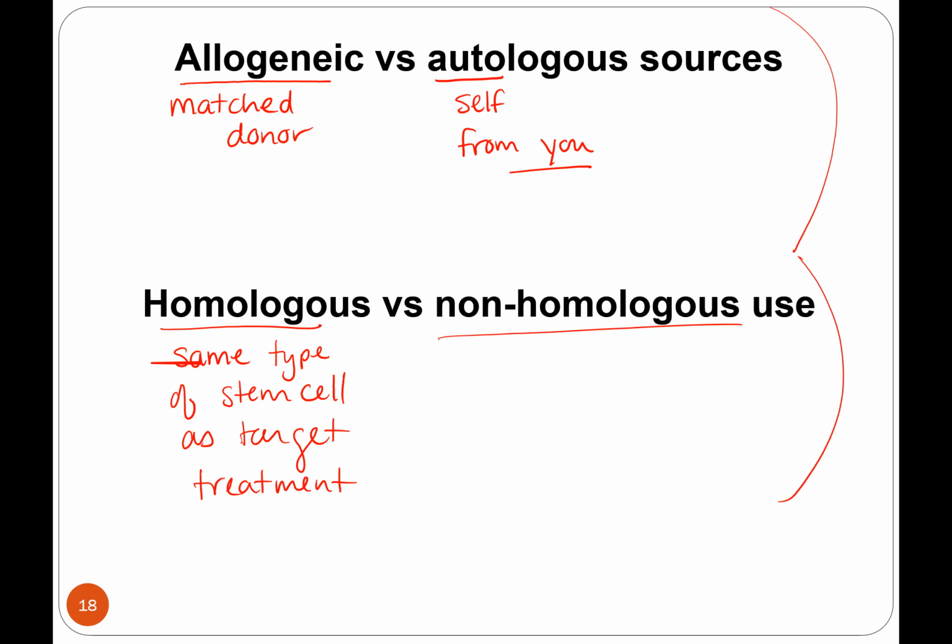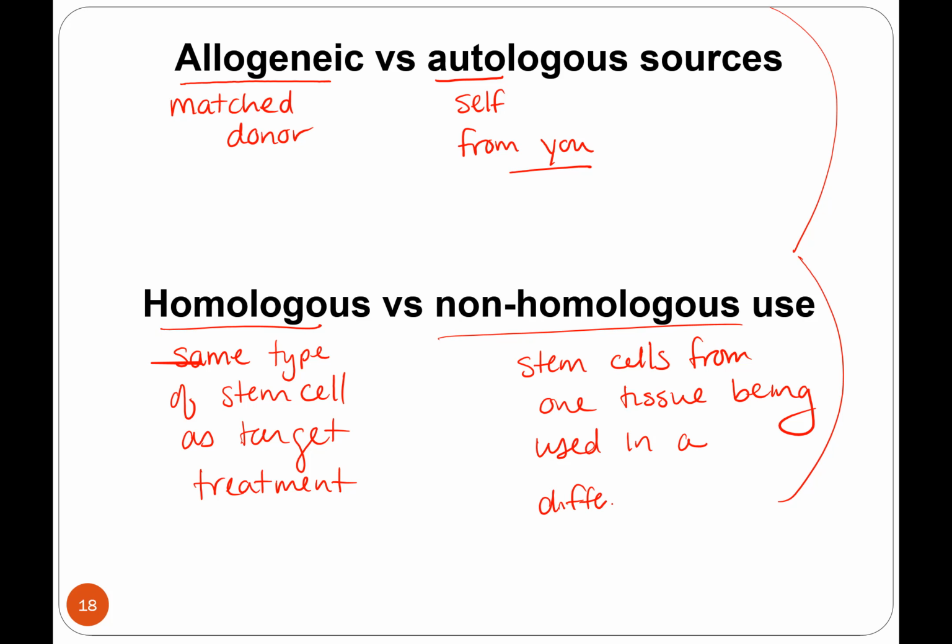Non-homologous is stem cells from a different tissue. So stem cells from one tissue being used in a different tissue. So this is like taking your fat stem cells and putting them in the joints of your knees to help with arthritis. So non-homologous, not the same.